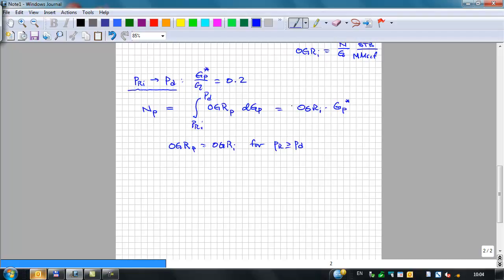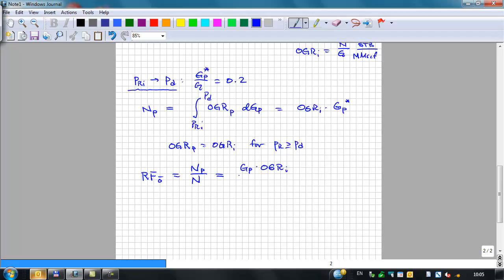Okay, so then what is the recovery factor of oil, which is NP over N, in that region? Well, we can rewrite that as GP times the initial oil-gas ratio, because that's the producing oil-gas ratio at any time from the first day until you reach the dew point, right?